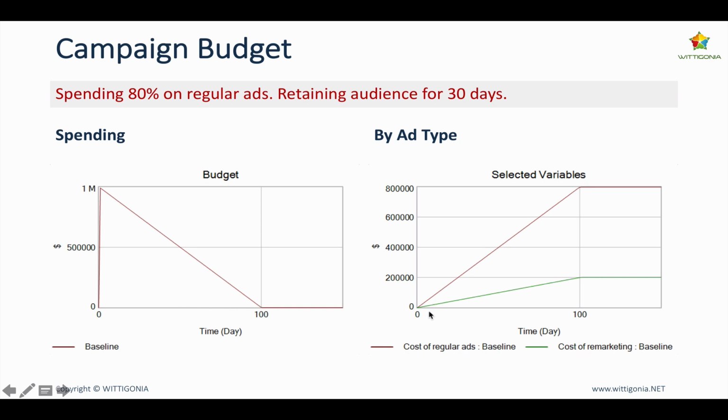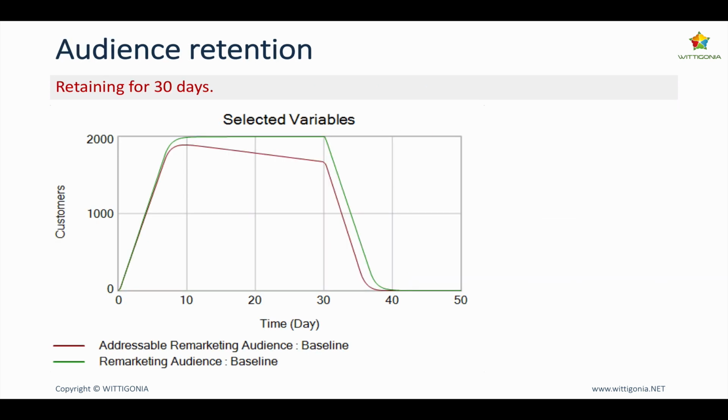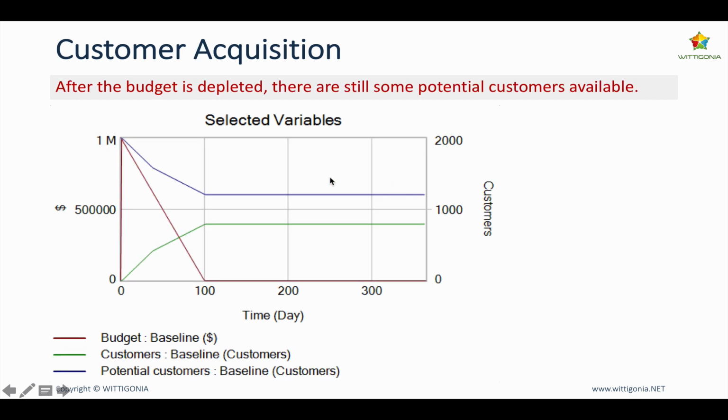Since we are allocating 80-20, at the end of the time period we have spent 200K on remarketing, and 800K on the regular ads. That's not so exciting, but of course we have some conversion going on, which means that our addressable audience is going down over time, so we are winning customers.